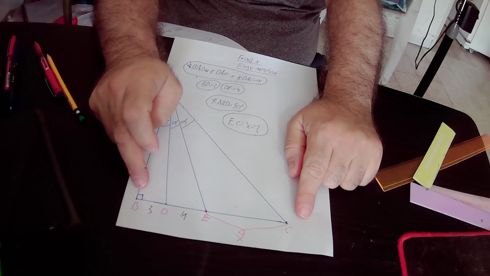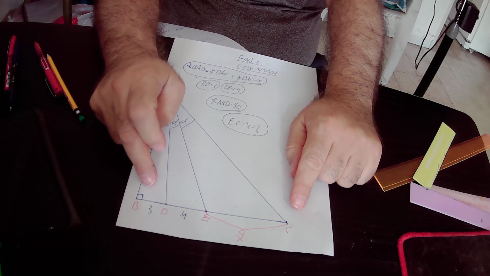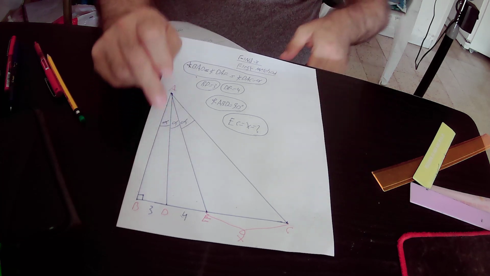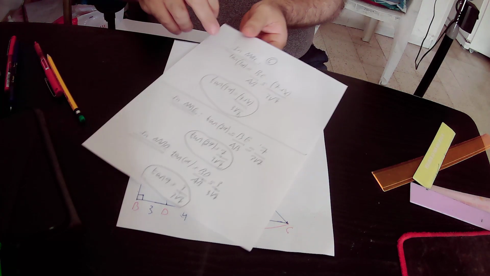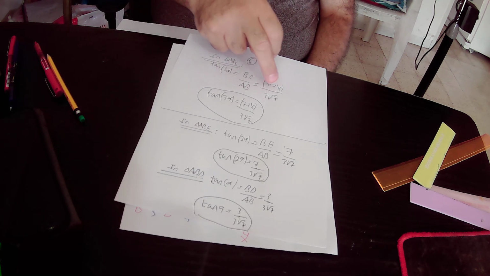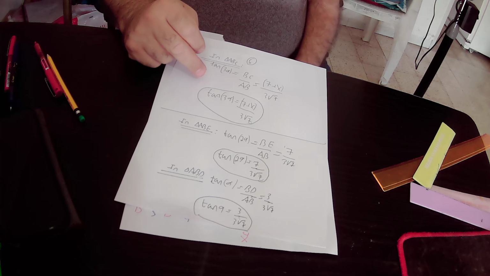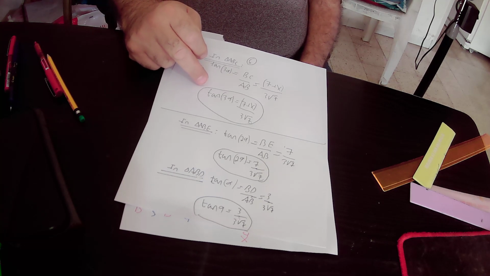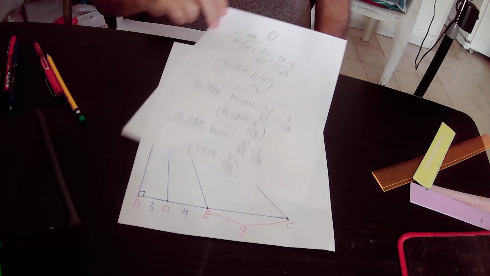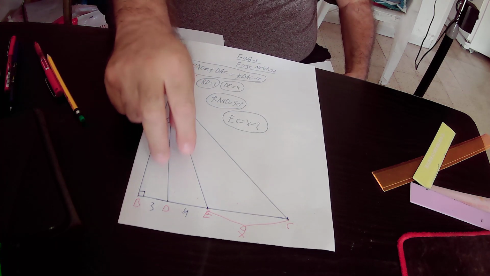That is to say, BC equals 7 plus x, and we have already found out that AB equals 3 times root 7. So in total, we got that the value of tangent 3 alpha is 7 plus x over 3 times root 7. Then we focused on the right triangle ABE.